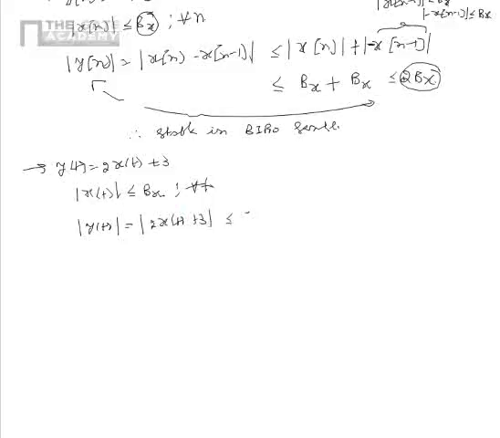We know that this is less than or equal to 2 times mod x of t plus 3. So this is less than or equal to 2 times bx plus 3. As bx is finite, 2bx plus 3 is also finite. So for a bounded input, we are getting a bounded output. Therefore, the system is stable in BIBO sense.